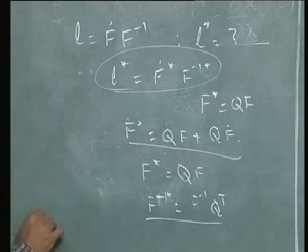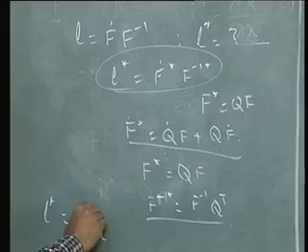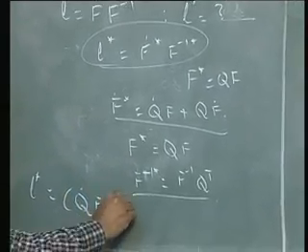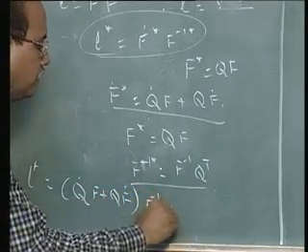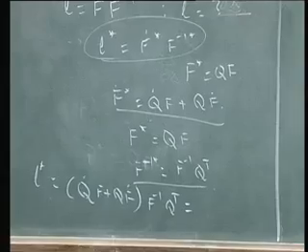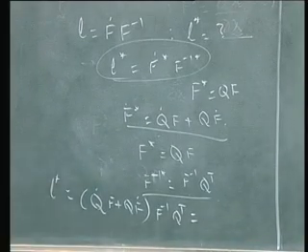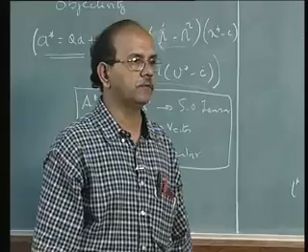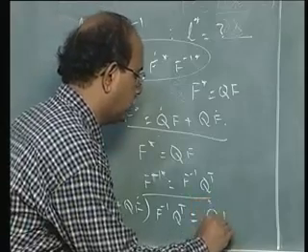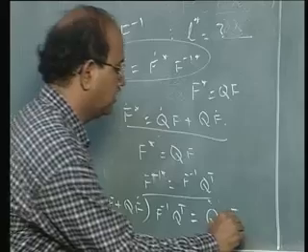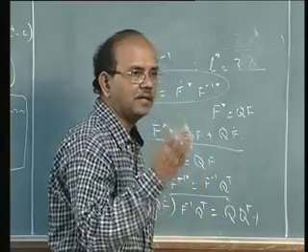So L star is equal to, first term is here, Q dot F plus QF dot. The second term is here, that is F inverse Q transpose. So the first term is, of course, Q dot Q transpose, plus Q L Q transpose.